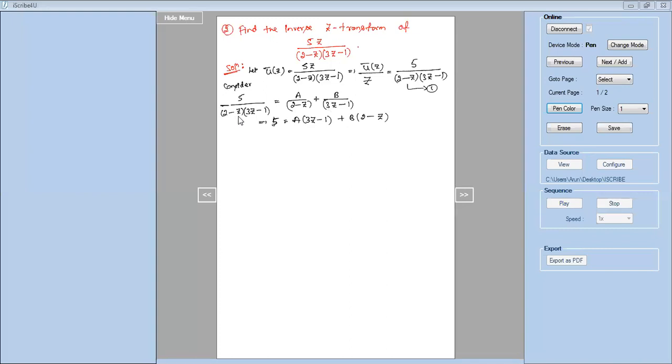Right? If you leave 2 minus z, it is A into 3z minus 1. And if you leave 3z minus 1, it is B into 2 minus z. Now find the values of A and B.